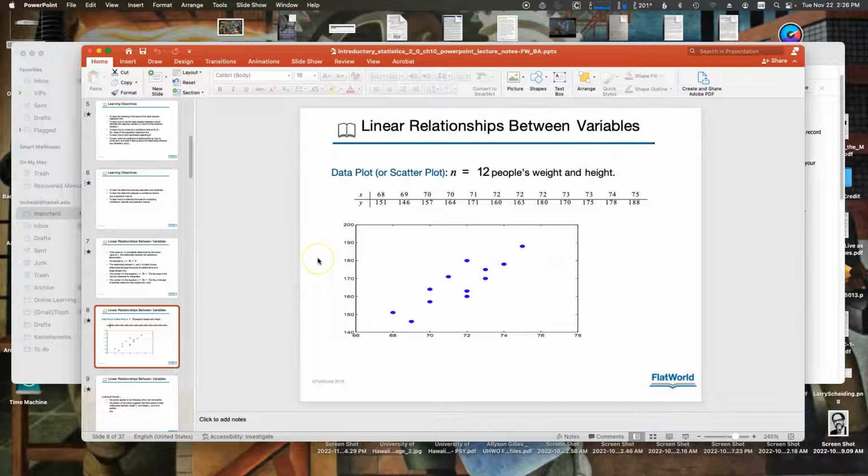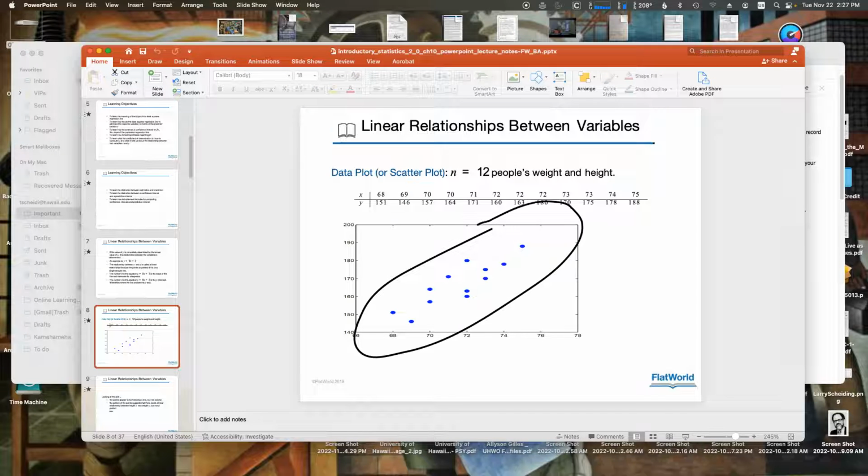Now, if we start to create a scatter plot of data, right? So if we have a sample size of 12, and we get everyone's height and weight, X being weight, I'm presuming, Y being height in inches, I'm presuming, we could plot this data here. Now, what are we seeing here? We're seeing in general that things are generally moving in a positively correlated way, whereas Y is increasing and X is increasing.